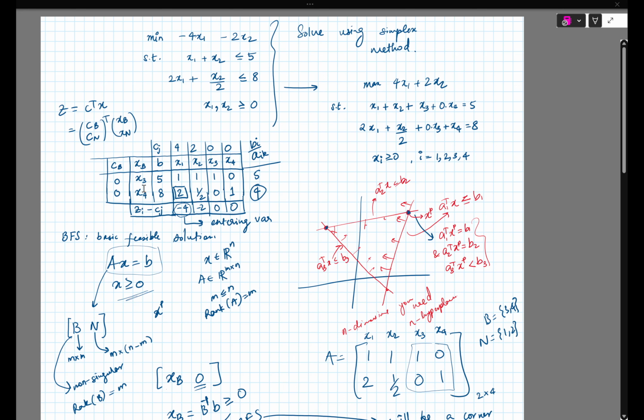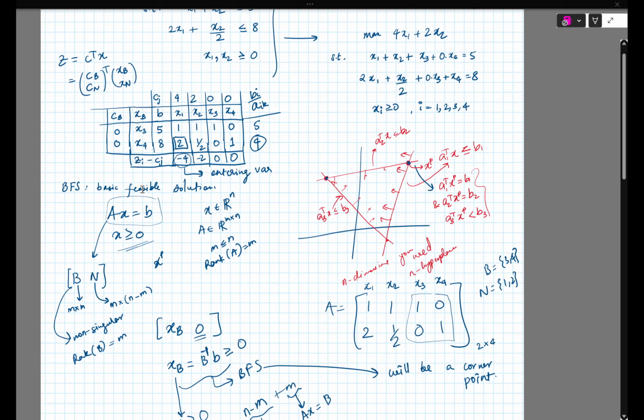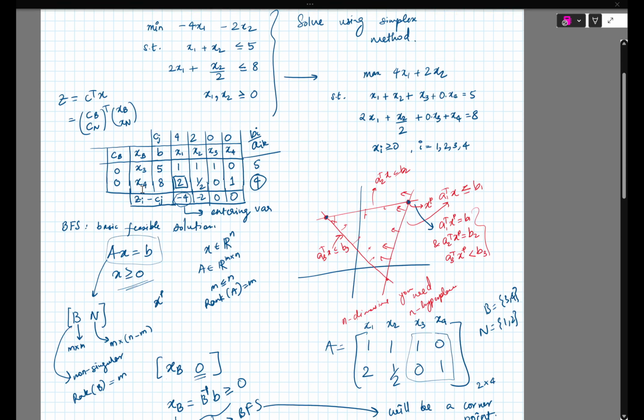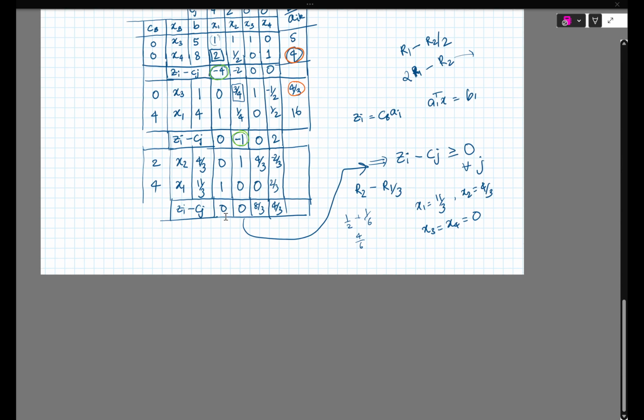You find the entering variable and the outgoing variable, change the basic variable and the non-basic variable set, and basically there's an exchange of the variables from one set to the other, and you do this till you have the condition that these values that you're computing in every table, zi minus cj, they should be greater than equal to 0.